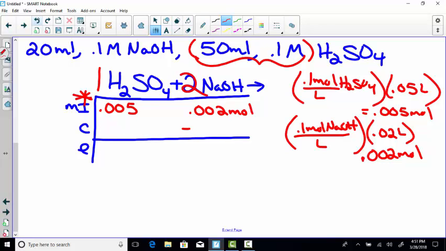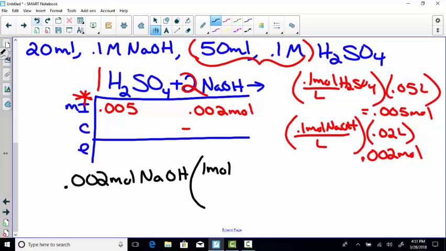So what I have to do is figure out what is going to be the limiting reactant. I need a separate side calculation for this. I take my 0.002 moles of NaOH, and I need to figure out how many moles of H2SO4 it will react with, which means I need to do a stoich problem. I'm just going to do a mole-to-mole stoich problem where I have 1 mole of H2SO4 for every 2 moles of NaOH.